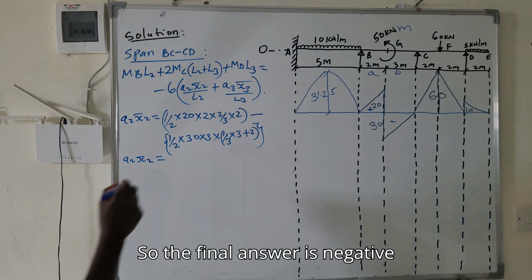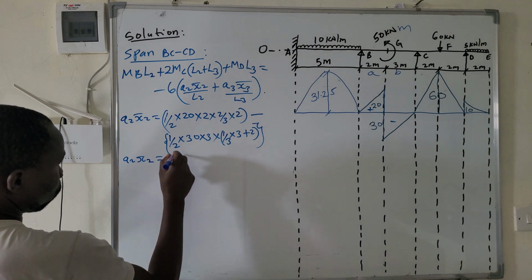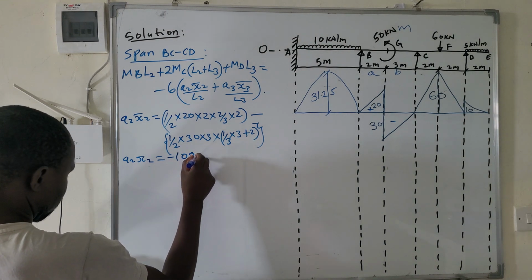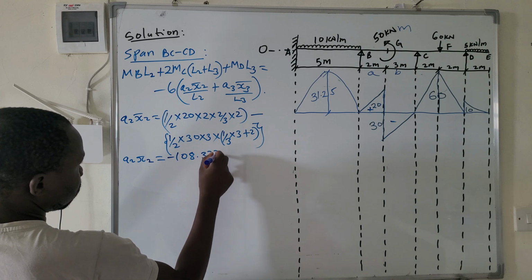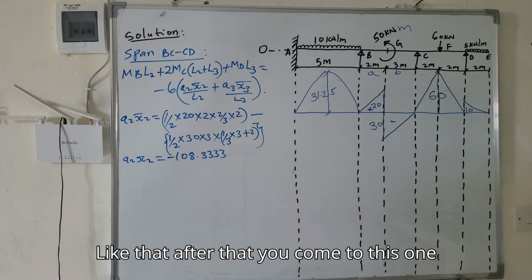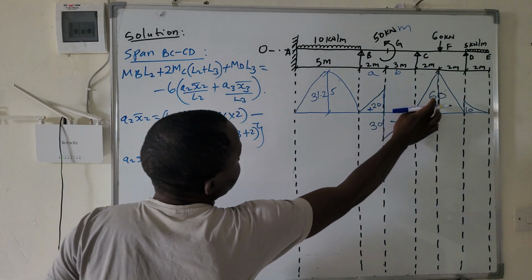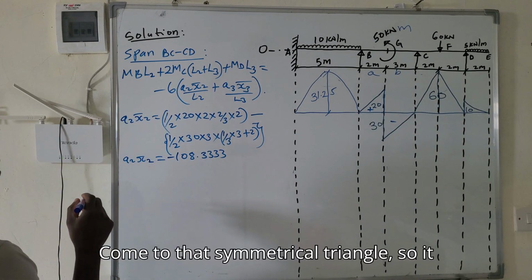So the final answer is negative 108.3333, like that. After that, we come to this symmetrical triangle.